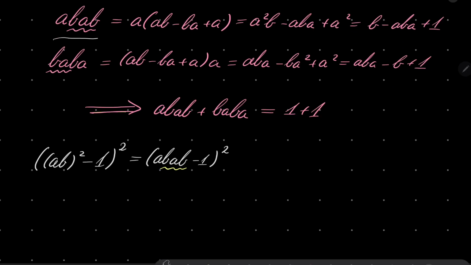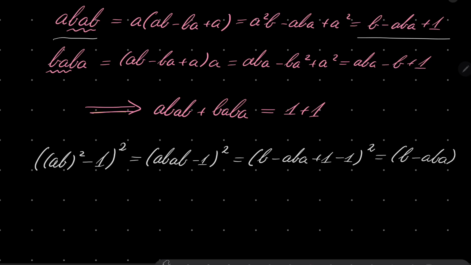Well, notice that ABAB can be replaced by this, so we have already demonstrated that it can be written as B minus ABA plus 1 minus 1, quantity squared. So in other words, it's B minus ABA squared.